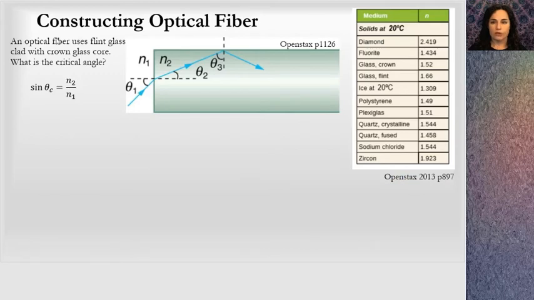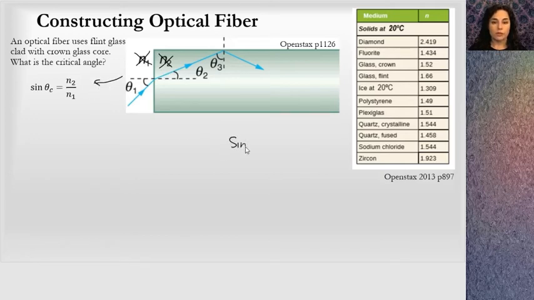I've chosen an example problem that deals with optical fibers. Constructing an optical fiber. It says an optical fiber uses flint glass clad with crown glass core. What is the critical angle? And I did pick this problem because I don't think they labeled N1 and N2 in here properly for you to be able to use this equation.